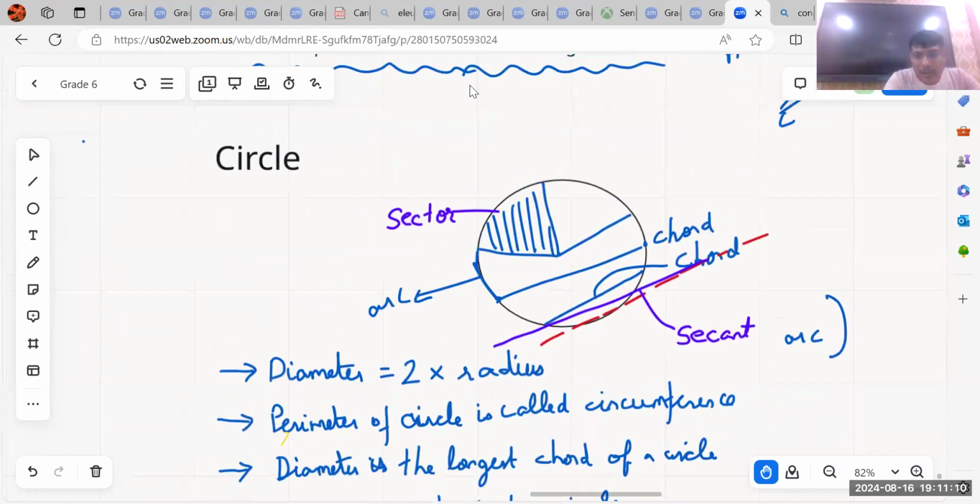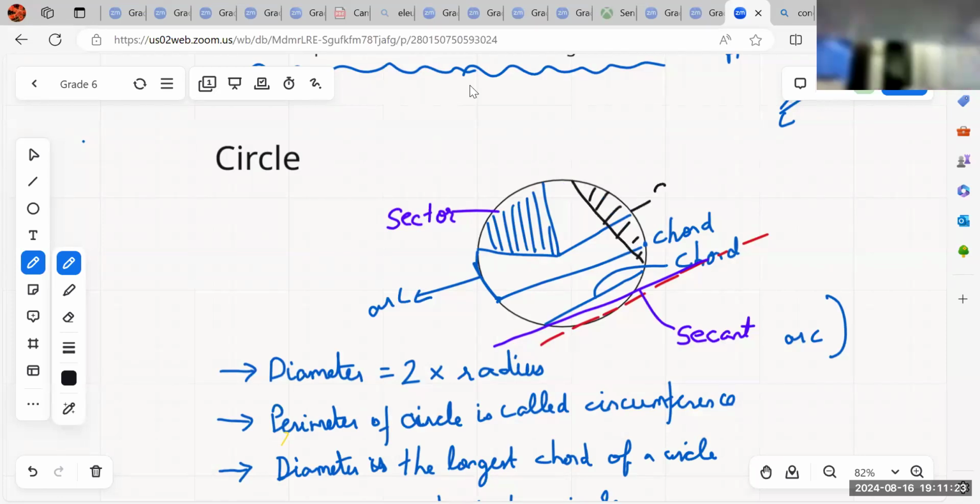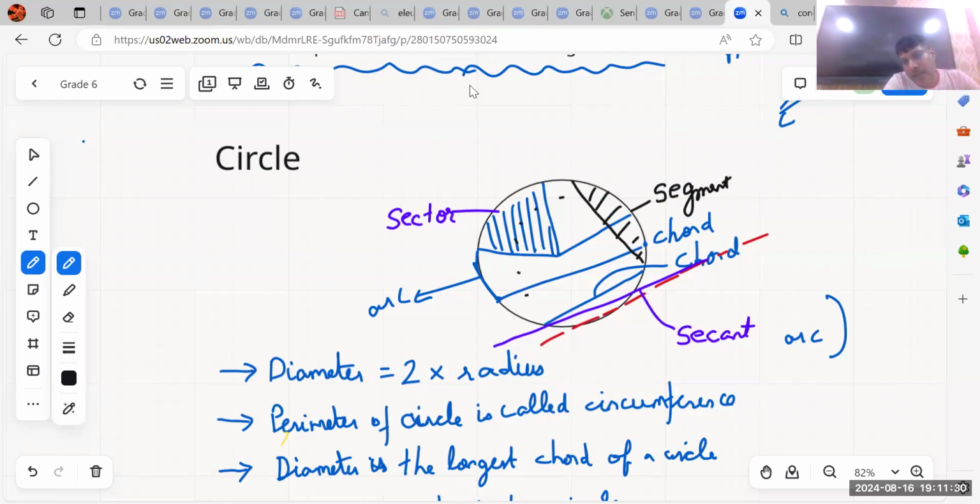So guys, if I make a line like this, this is a chord, and this would be the segment. This would be a minor segment and the bigger one on the opposite side will be a major segment. Minor means small, major means big.